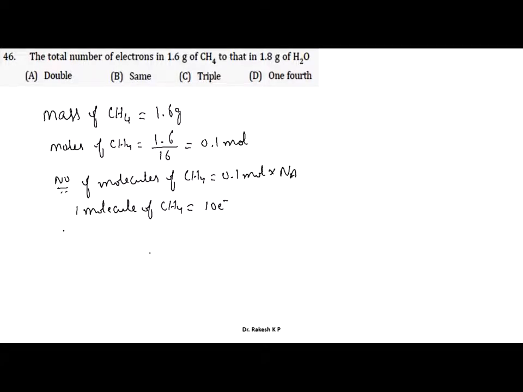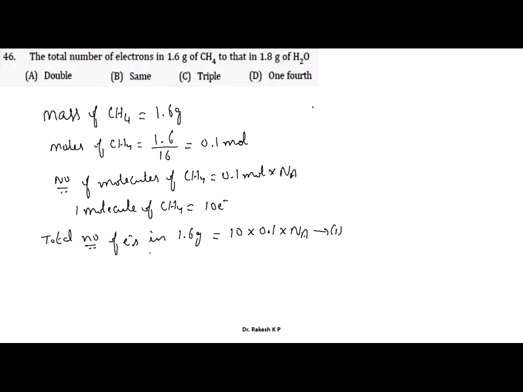Now the total number of electrons in 1.6 gram is 10 into 0.1 into Avogadro number. Let me take this as equation 1.